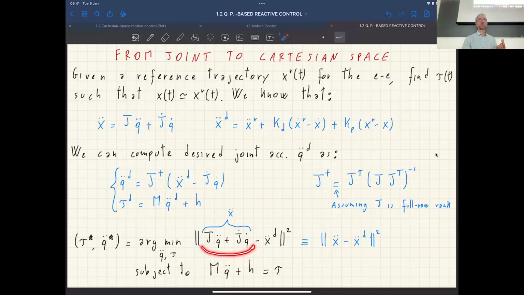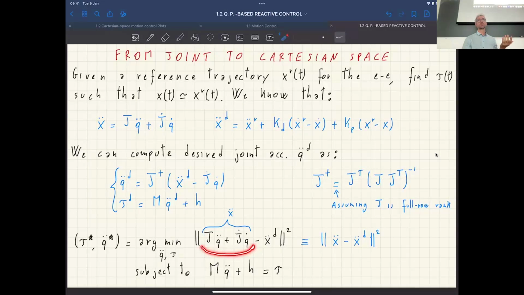Is that a problem in terms of optimization? Is the structure of my optimization problem changed? Or is it still a least squares program?